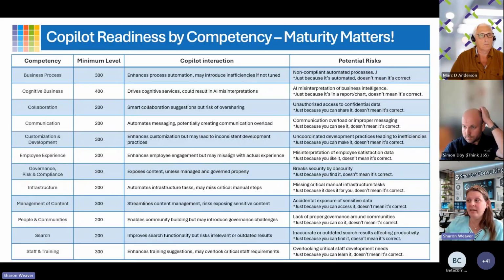The risk is maybe you're misinterpreting some of your employee satisfaction data. Maybe your surveys aren't great. Maybe you're not super happy with it, but I don't think you need a super high level of maturity to be able to bring Copilot into the organization and get some level of value out of it.